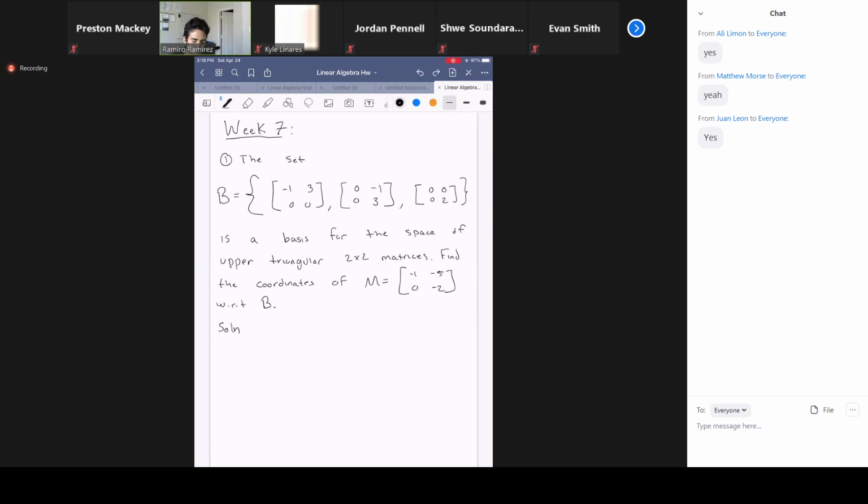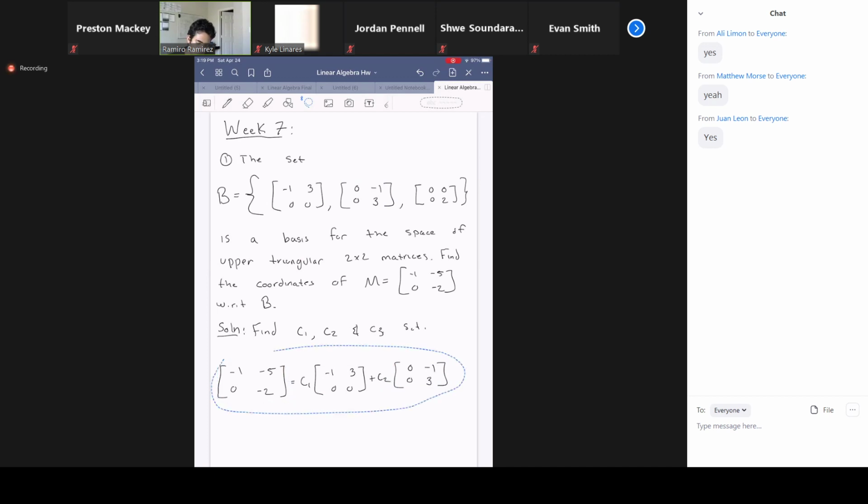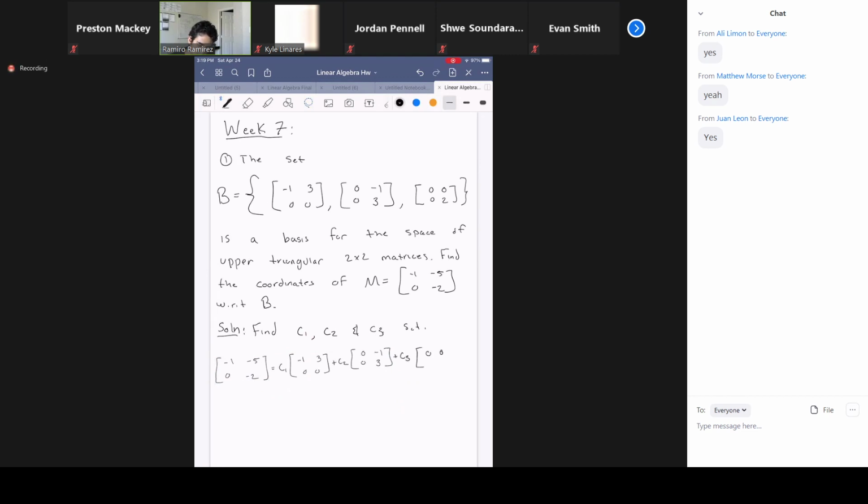So here, basically what we want to do is find C1, C2, and C3 such that the matrix M, -1, 0, -5, -2 is equal to C1 times these matrices right here, plus C2, and let me shrink this a bit, plus C3 of 0, 0, 0, 2.